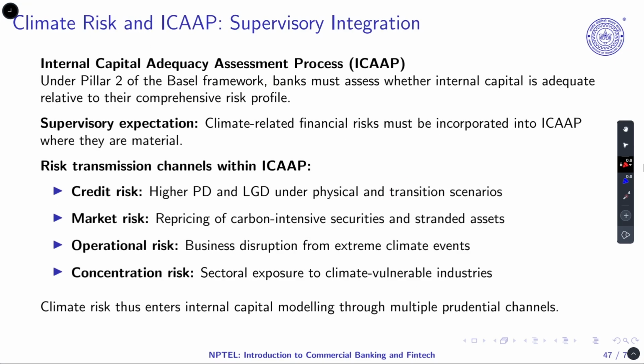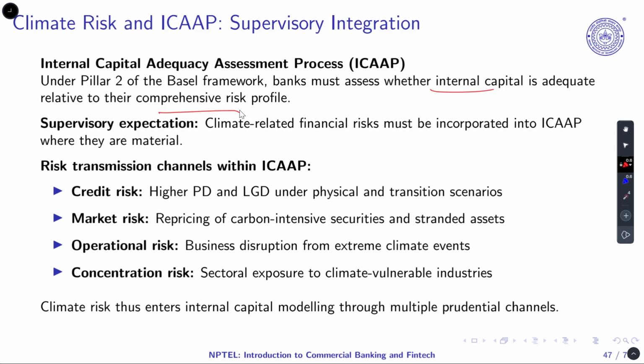Now there is the internal capital adequacy assessment process, ICAAP. In Basel II we had discussed already that internal capital must be adequate for the comprehensive risk profile, and we also dealt with the supervisory expectations. So ICAAP is monitoring climate related financial risk and whether it is material or not.